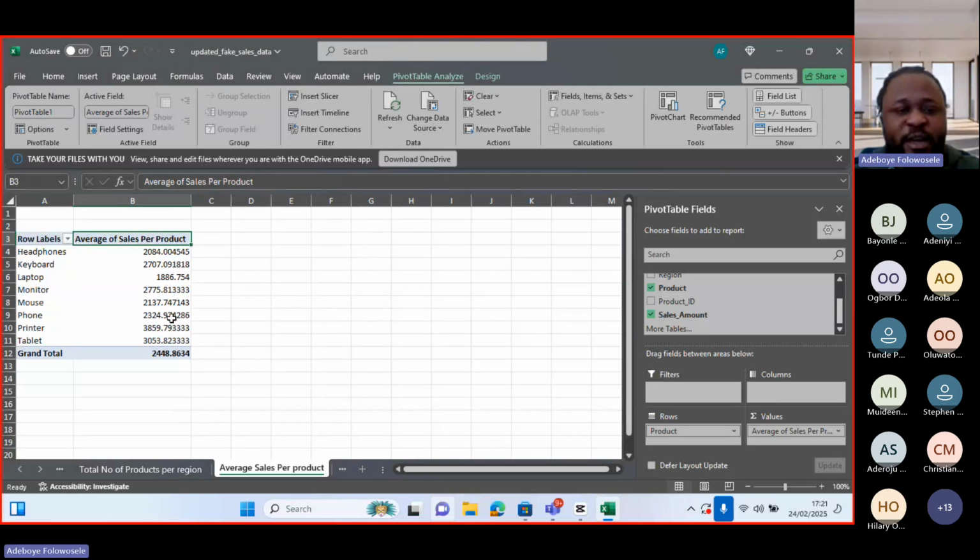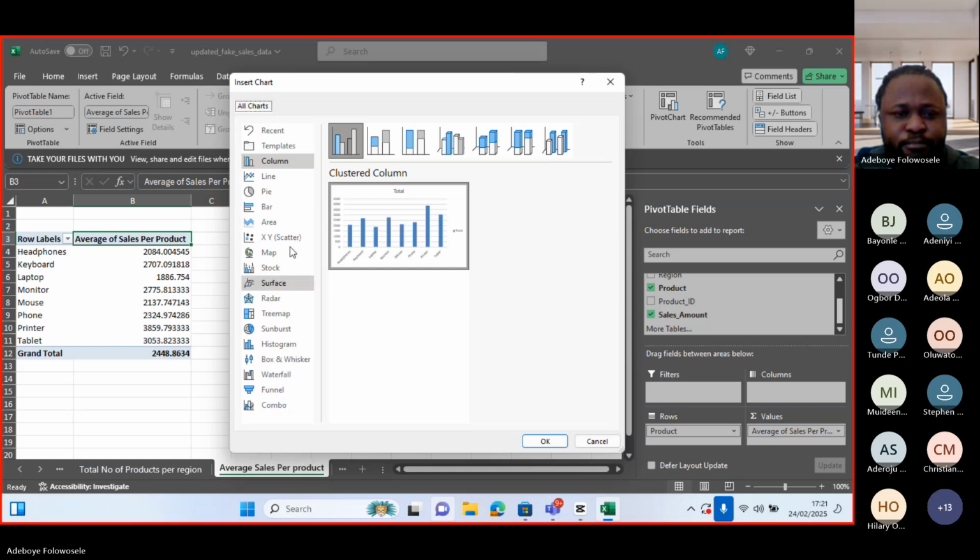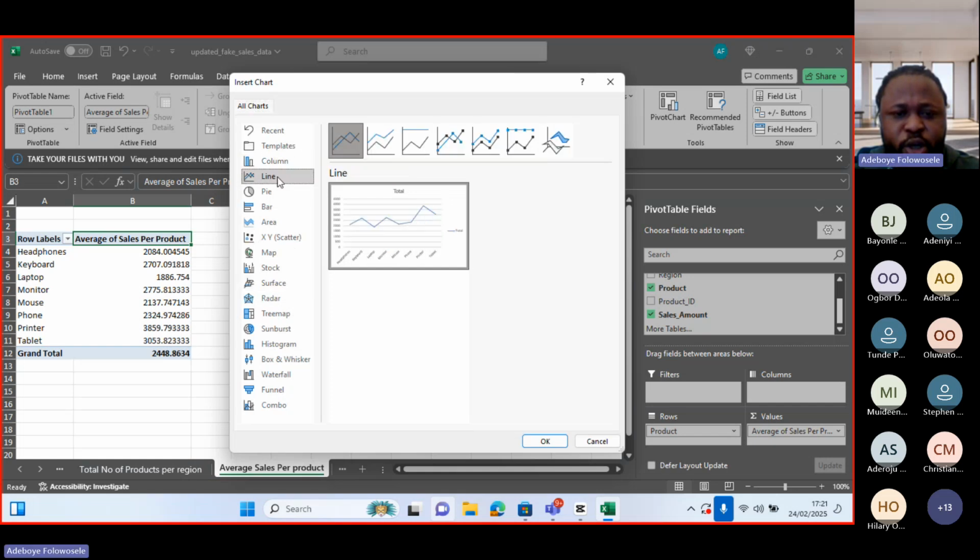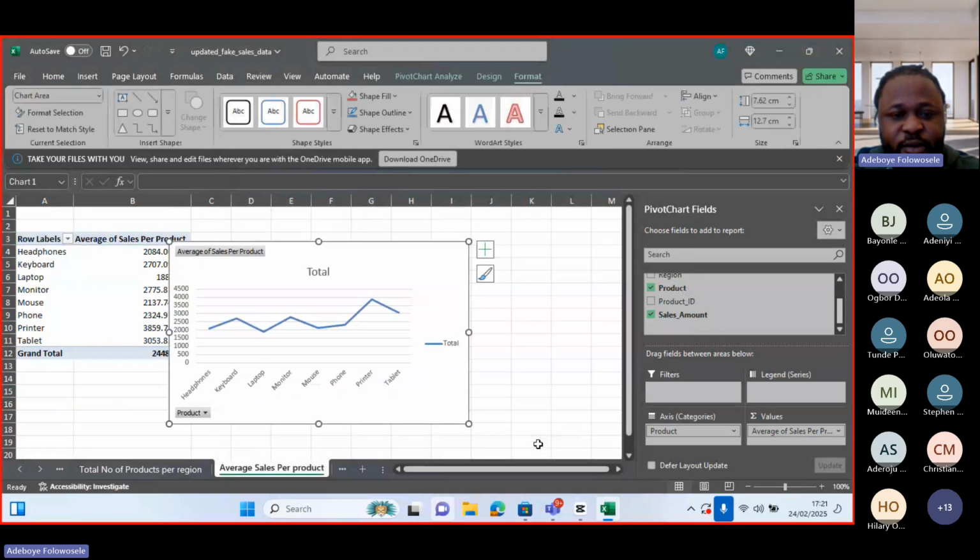So looking at the values here, it's obvious that we are still going to make use of either a bar chart or a clustered column chart, or we could make use of a line chart so that we could have variety of things.